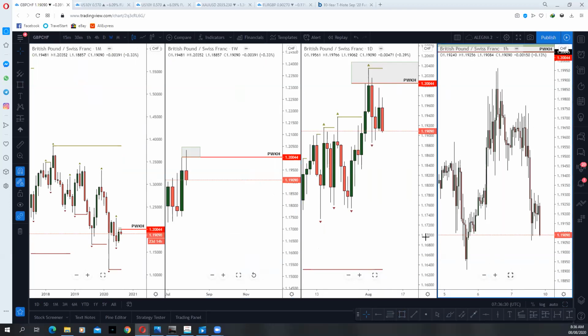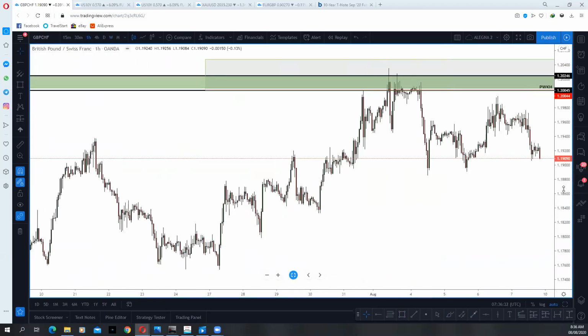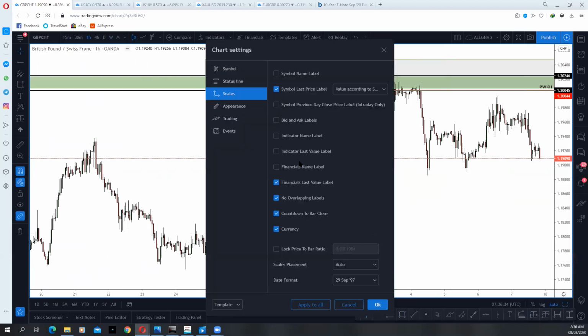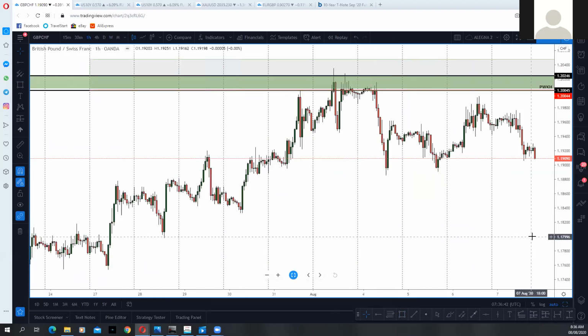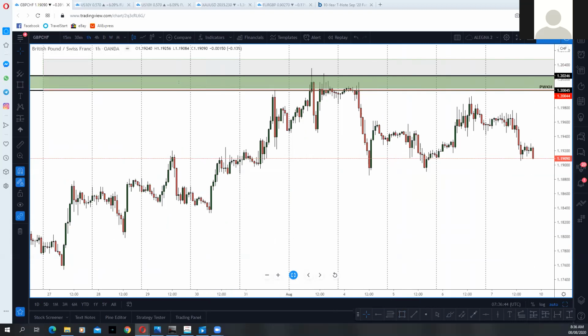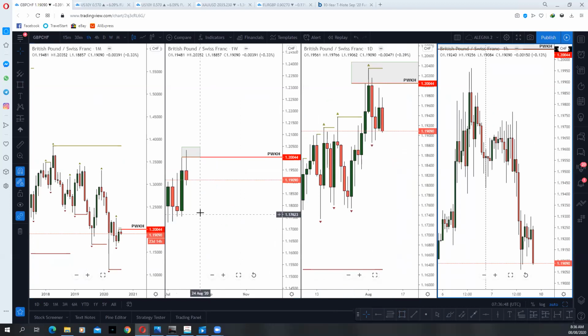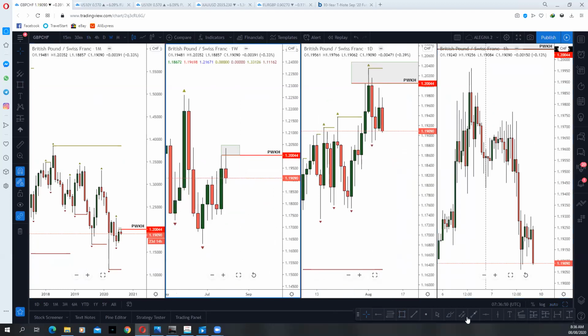Let me go to the 1 hour because most people trade off the 1 hour. Let me put the periodic separators, the session breaks. One more thing, sorry. Let me put the horizontal line here.